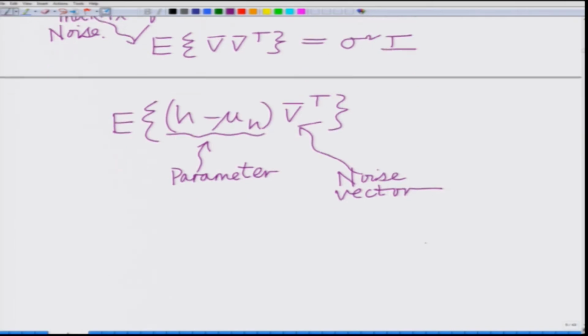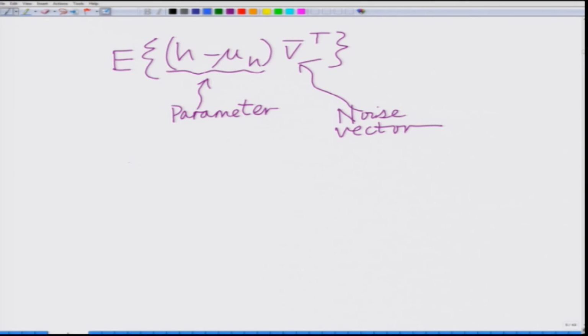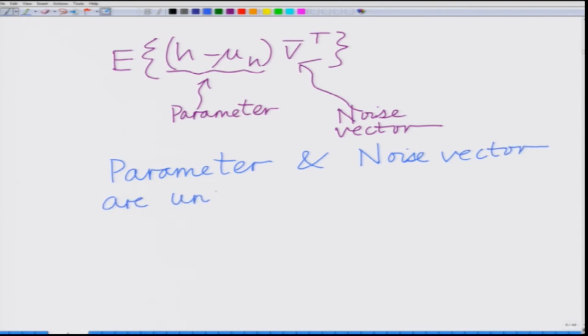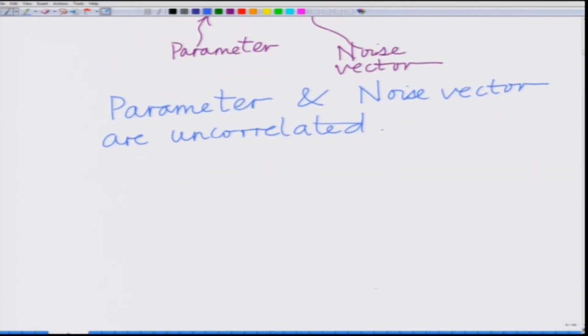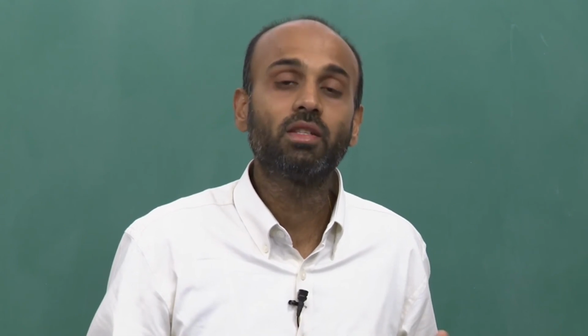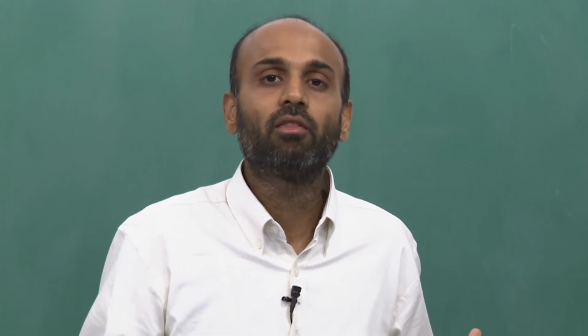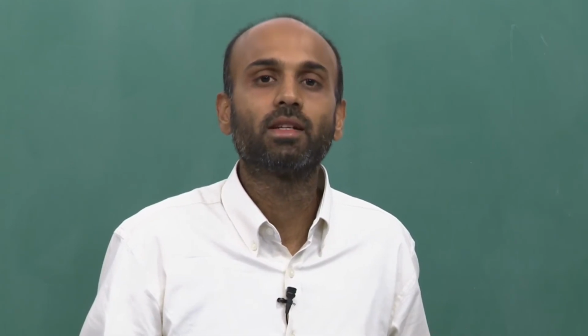So, the parameter and noise vector are uncorrelated, that is the important assumption that we are making, which is also, as we said, logical. Actually they are independent, but here uncorrelated suffices because they are both Gaussian. So, naturally if they are uncorrelated, it follows that they are independent, they are one and the same. So, for that we are just going to say that they are uncorrelated, which means the covariance, the expected value of h minus mu h times V bar transpose, is equal to 0. Okay.